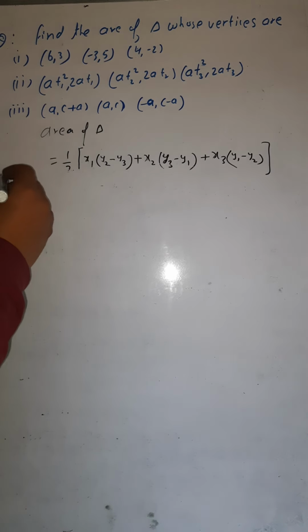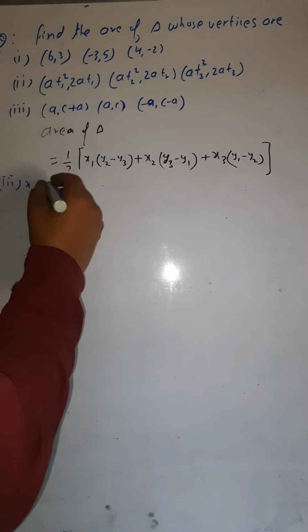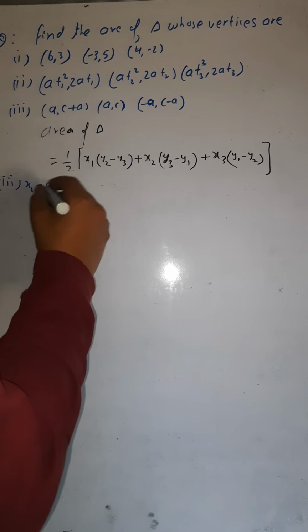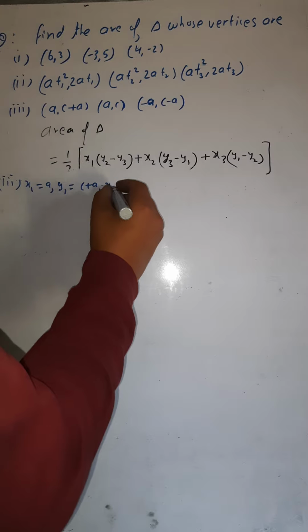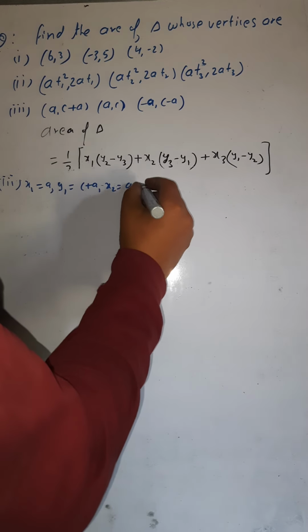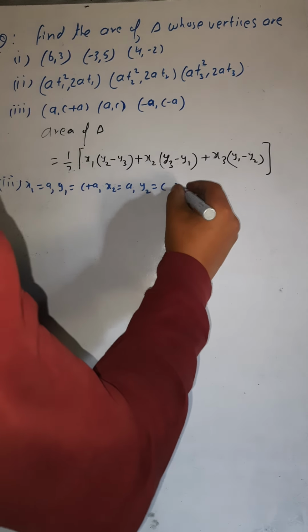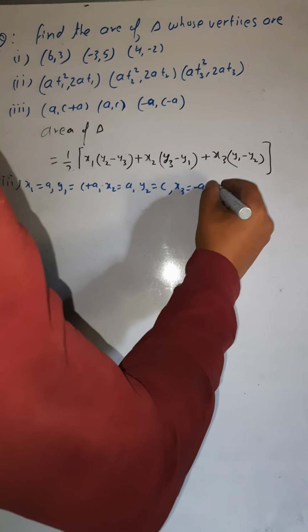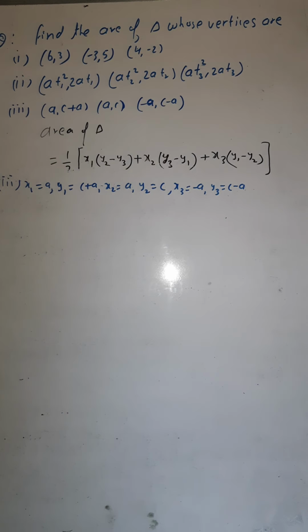Let me write the values all here. x1 is a, then y1 is c plus a. Similarly, x2 is a, y2 is c. Then you have x3 that is minus a, and y3 that is c minus a. These are the different values which have been given to you.